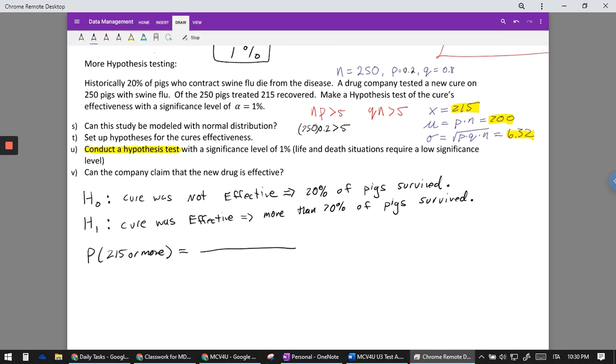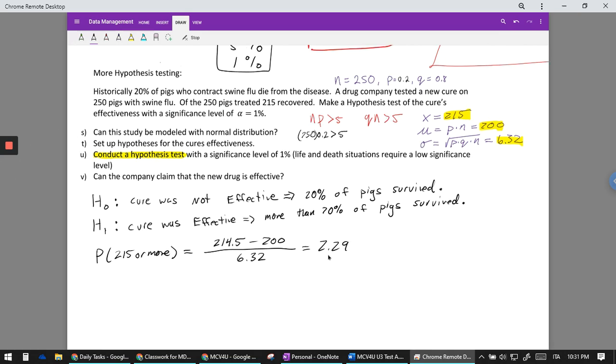Because if I want 215 or more, I need 214.5 minus 200 over a standard deviation of 6.32. All right. And I'm going to pause it again. So I got a 2.29 here for the z-score.